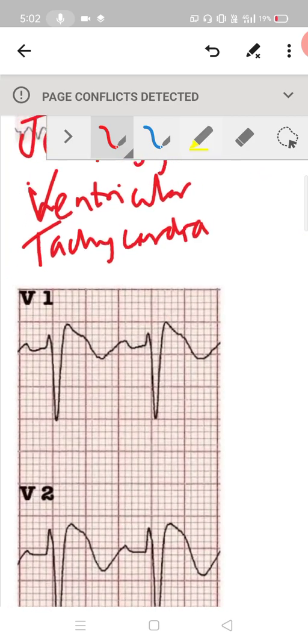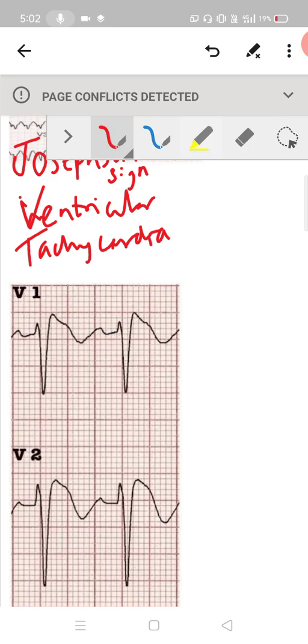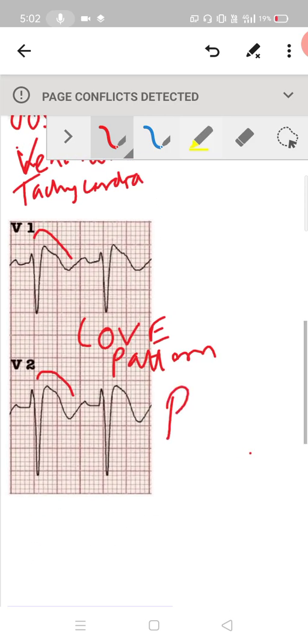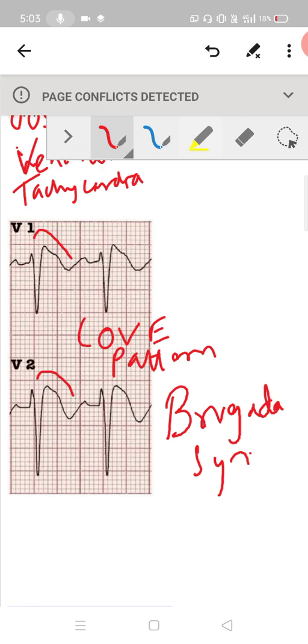The next one, an important one, is a pattern of ECG. What is this pattern? This pattern is the Coved pattern, seen in Brugada syndrome. This is a type of ST elevation seen in Brugada syndrome.